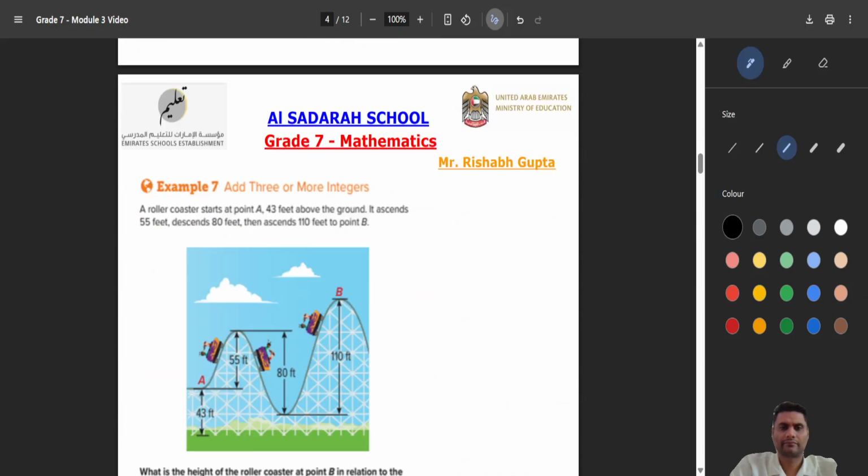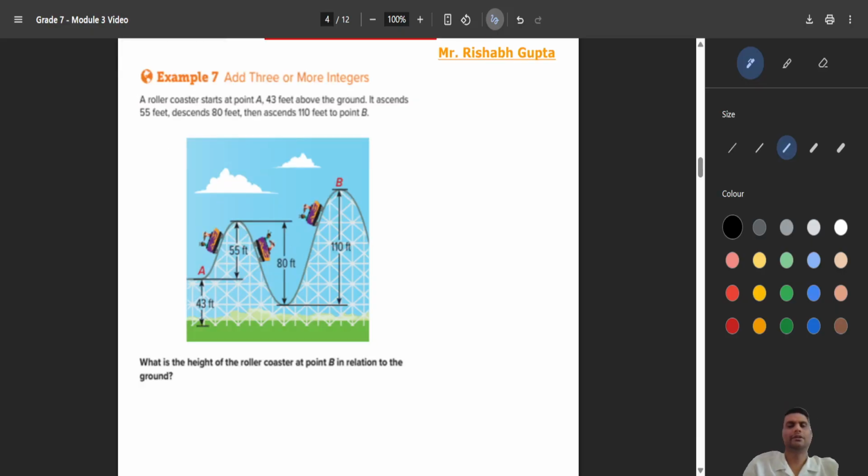Okay, this is a word problem again. He says someone was standing at A, and when he was standing at A, his height was already 43 feet. This is a positive height because we are above the ground. Above, that is, plus. Then he said it ascended 55 feet. Ascend, that is, going up.